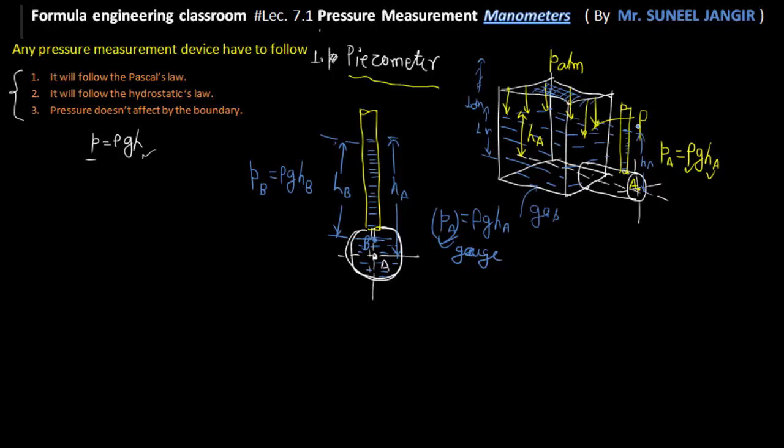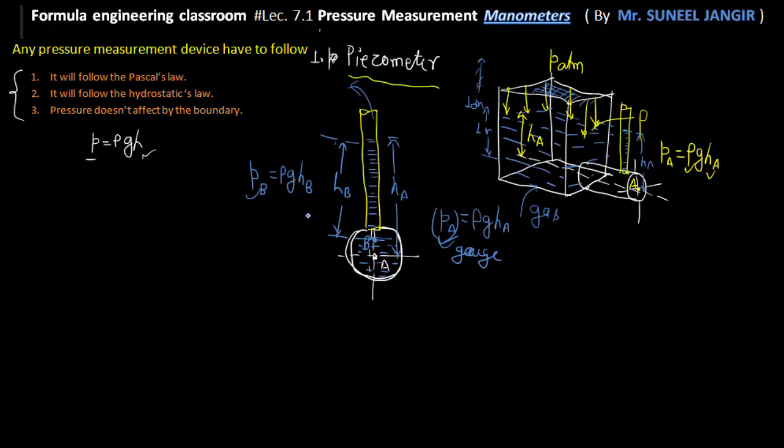So when you attach this piezometer to this tube or pipe, the gas will definitely move out from this tube, and obviously a gaseous fluid doesn't have a free surface, so you can't measure the height. If you can't measure the height, you can't measure the pressure at all. So the piezometer also can't be used to measure gaseous fluid pressure.